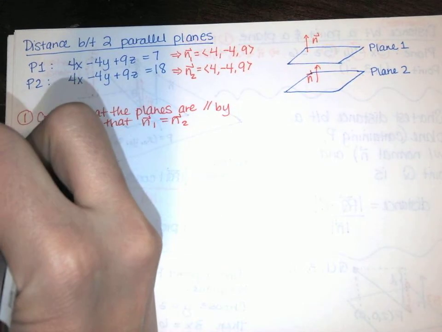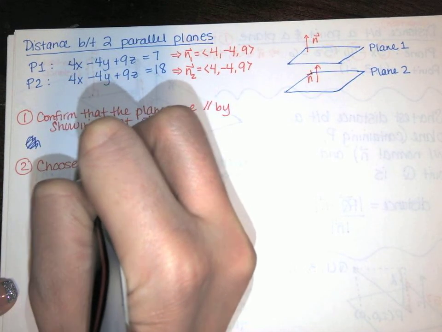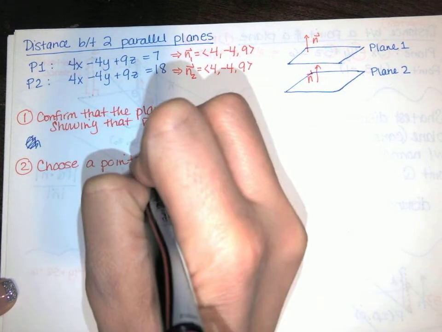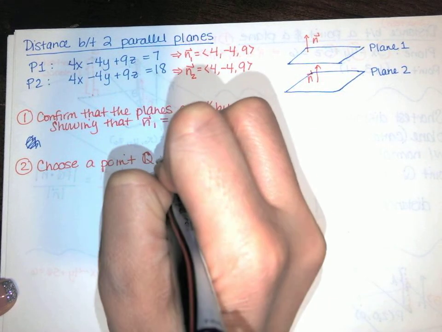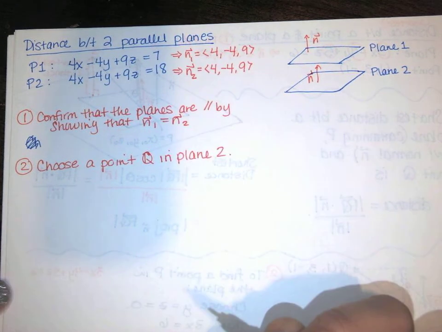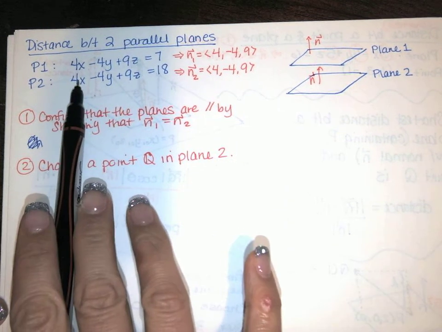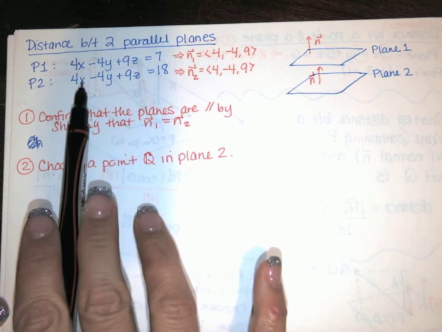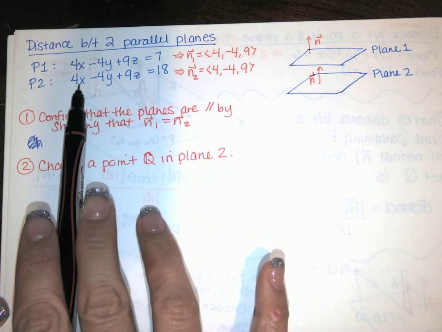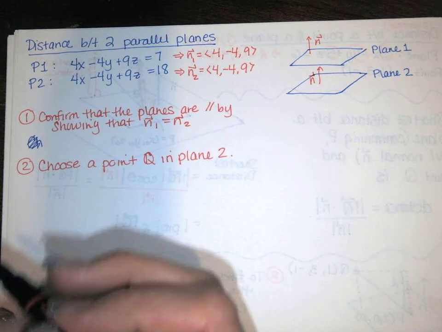Next, we are going to choose a point P, or point Q, in plane 2. And to choose that point Q, I can choose two values for x, y, or z. Choose any two values for two of these variables, and then the third will be implied by the equation.